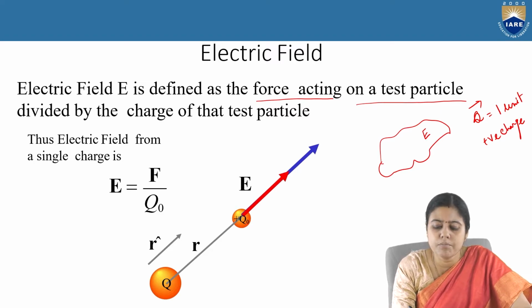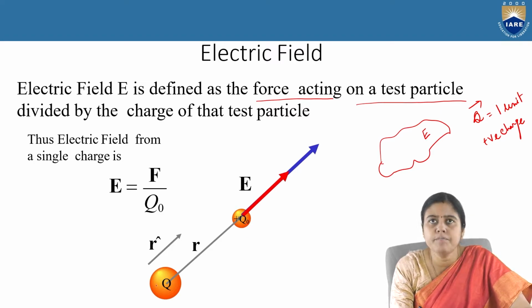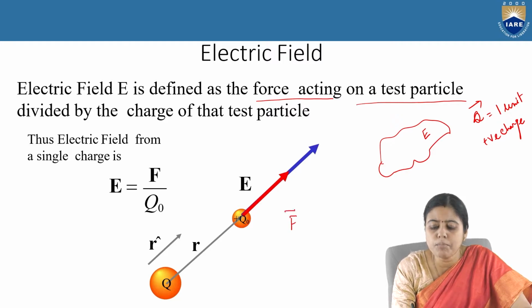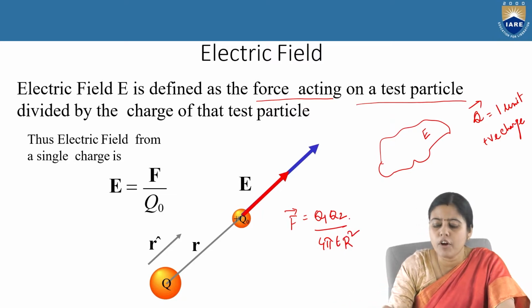Say in this problem, Q is the electric charge and it is acting on the test charge plus Q0. So what is the force? According to Coulomb's law, force is equal to Q1 Q2 by 4 pi epsilon r square, and its direction is aR.